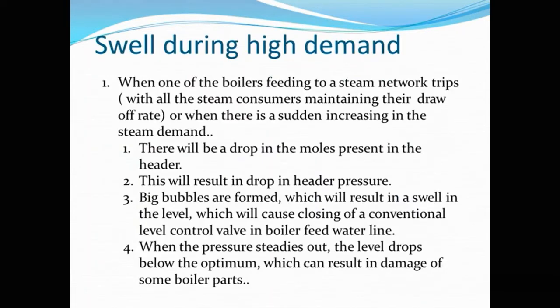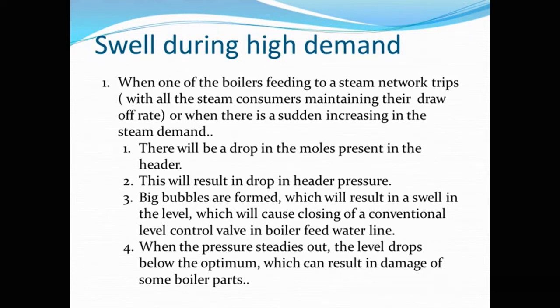Explaining once again, when one of the boilers trips, the demand remaining the same, the input into the header becomes low, so the header pressure falls. On this account, the boiling point of the water in all the boilers will come down.